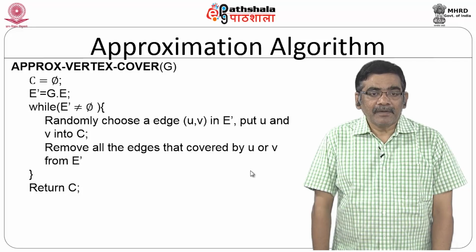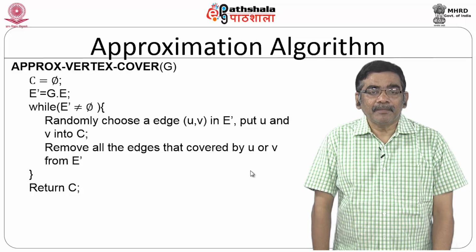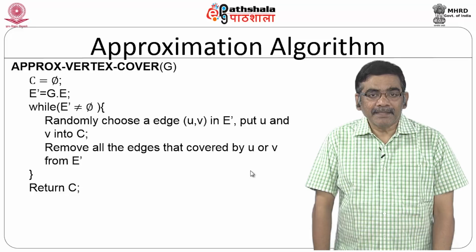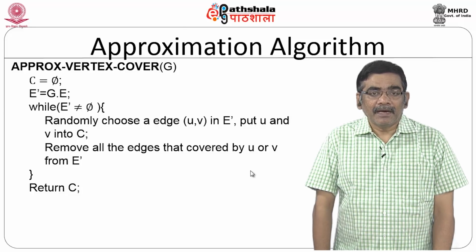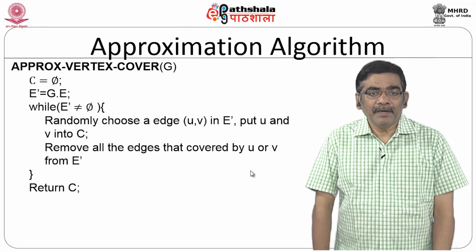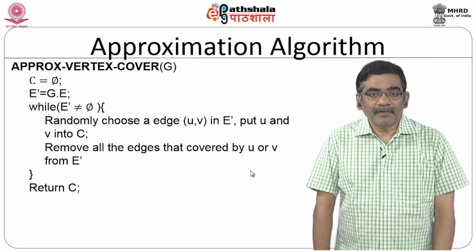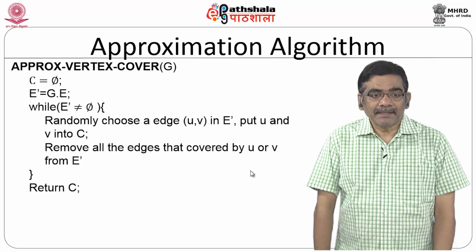The approximation algorithm is something like this. Initially, I am considering the cover as null. I am considering E prime as the set of all the edges of the graph, and I am entering into the loop. When the edge list is not equal to null, I randomly pick an edge u comma v, and I put u comma v into the set cover.